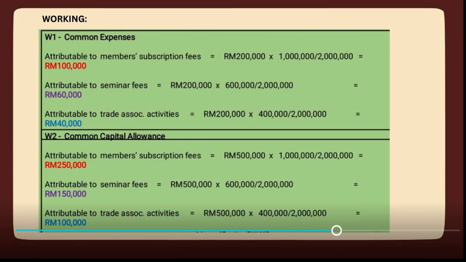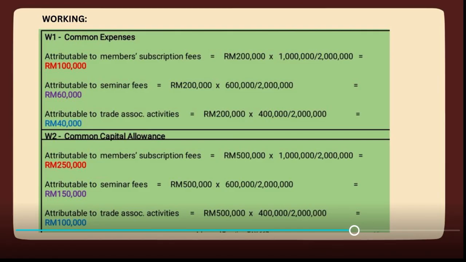We know that 200,000 is the common revenue expenses, 1 million is the gross income from its members' subscription fees, and 2 million is the gross income from its business sources. For seminar fees and trade association activities, it is the same as the member subscription fees formula.